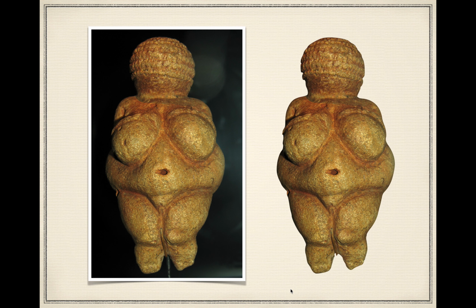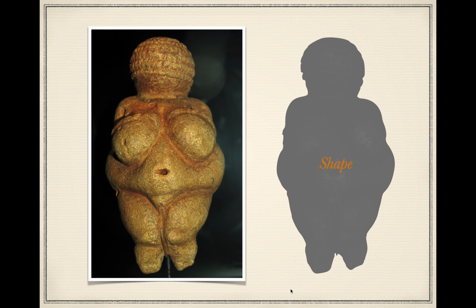She had weight, she had width, height, and depth. But, like all form, it starts off with shape. So, the woman of Willendorf has boundaries by which she doesn't go past, right? So that is the shape that at any angle that you look at her, there's going to be an outline, and that outline is going to be the shape that you're looking at.